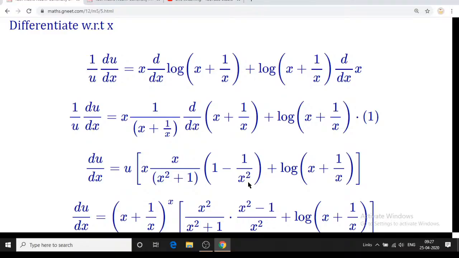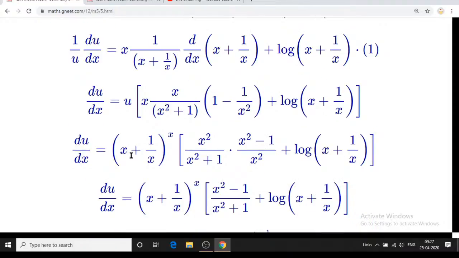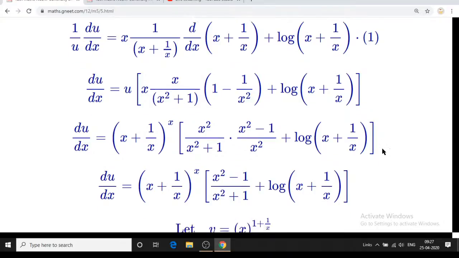This is a log. Now at the same step I have taken the u on the other side. Replace u with x plus 1 by x raised to x. When we simplify here again it will be x square minus 1 upon x square. This x and x become x square upon x square plus 1, into x square minus 1 upon x square, log of x plus 1 by x.